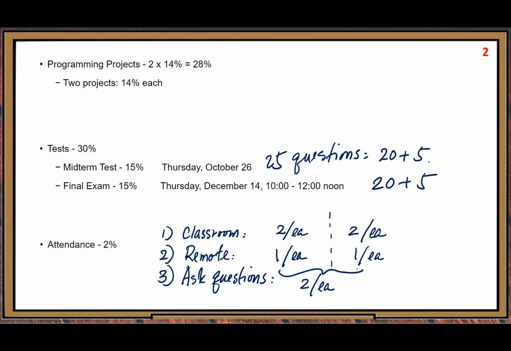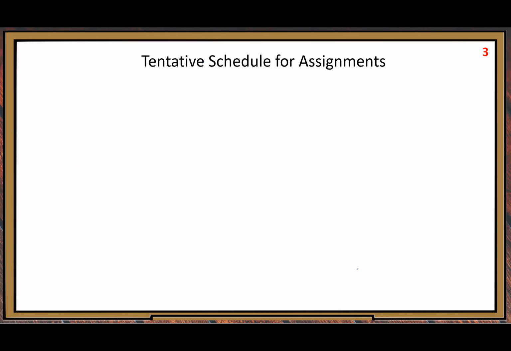All right, so let me see. Then I run the timeline for the assignments. Here I put specific dates for all our assignments, so you can get an idea. I try to follow this schedule plan as close as possible.